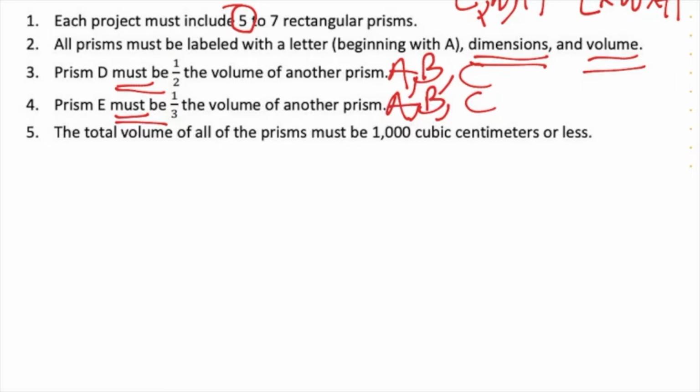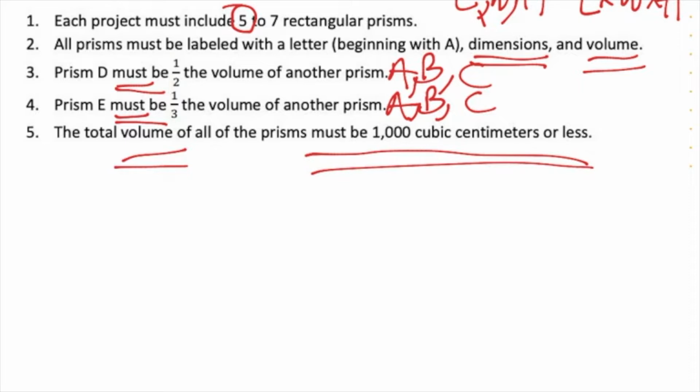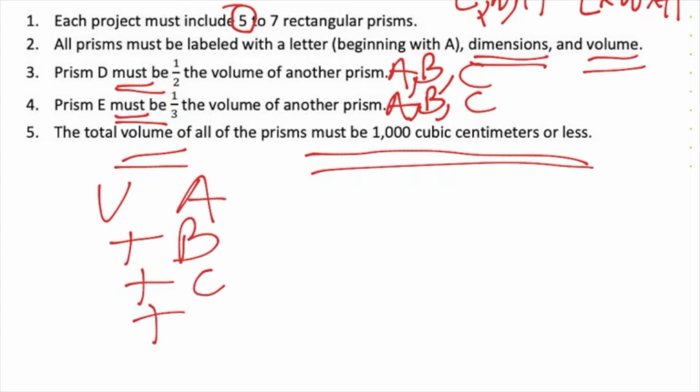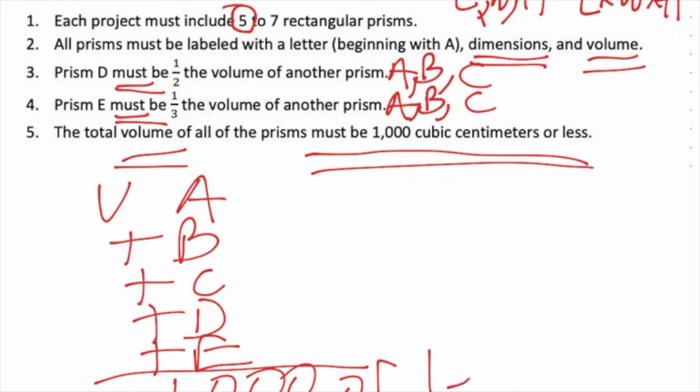Number five, the total volume of all the prisms must be 1,000 cubic centimeters or less, which means the volume of A plus the volume of B plus C plus D plus E all has to equal 1,000 or less.